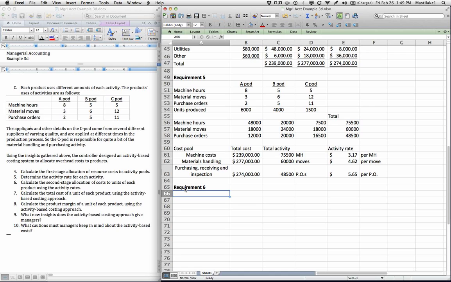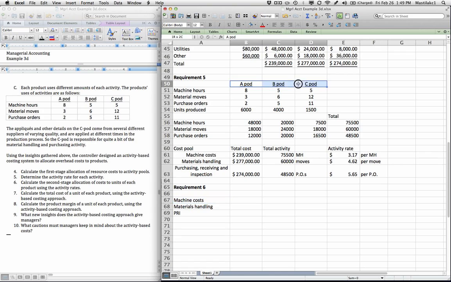We're going to allocate the cost to each unit of each product using these activity rates. So machine cost, materials handling, and purchasing, receiving, inspection.